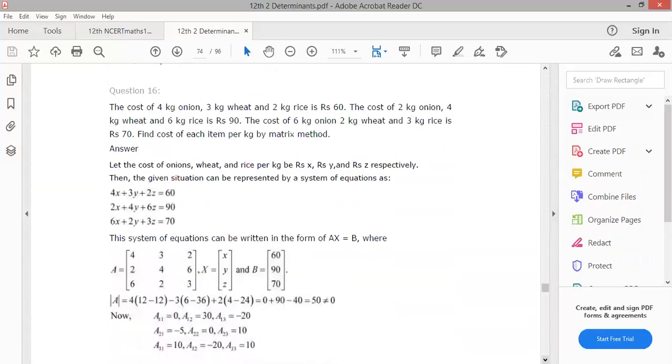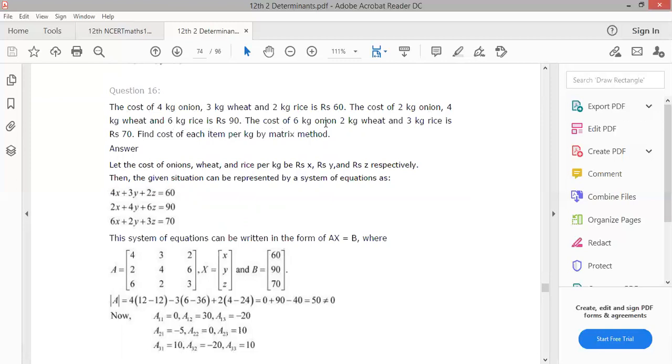Same as question number 16. It's a practical example of the application of matrices and determinants. For example, you go to the market and you see that the cost of 4 kg onion, 3 kg wheat, and 2 kg rice is 60 rupees. The cost of 2 kg onion, 4 kg wheat, and 6 kg rice is 90 rupees.